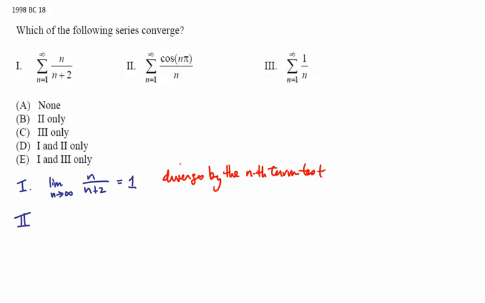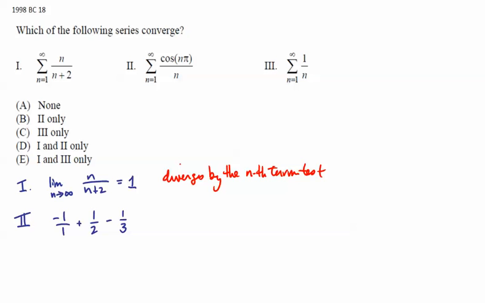So we write out a few terms. Starting from n equals 1, we have cosine of pi, which is -1 over 1, and then cosine of 2 pi, which would be 1 over 2, and then we have cosine of 3 pi, which is -1 over 3.